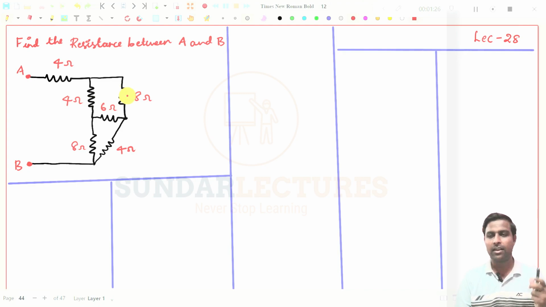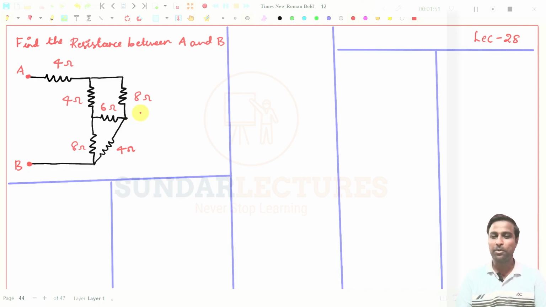By what we have learned, if one end is connected, then we can assume those two resistors are connected in series. Then if I simplify these two, I will get 12 ohms. But I will connect one end here, and where do I connect the other end, to this point or to this point?